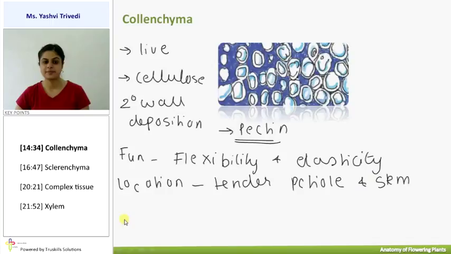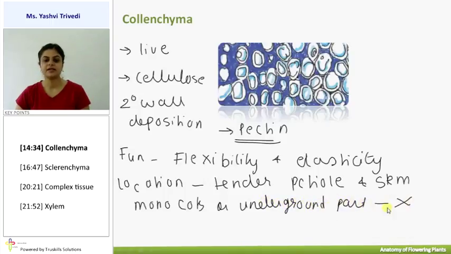It is never present in monocots or underground parts of the plant. That can be root or any other part which is underground, that won't have collenchyma. So collenchyma is basically present in the tender, soft part of the petiole and stem, and it will provide them protection by rendering elasticity and flexibility.